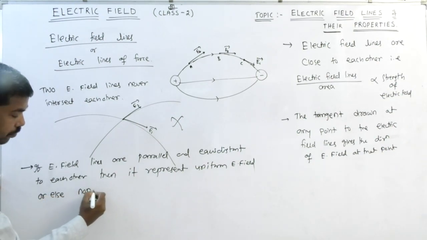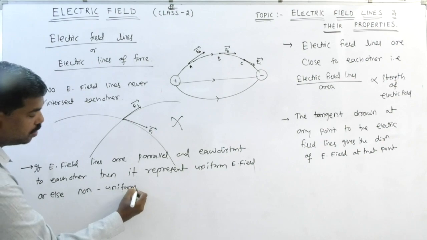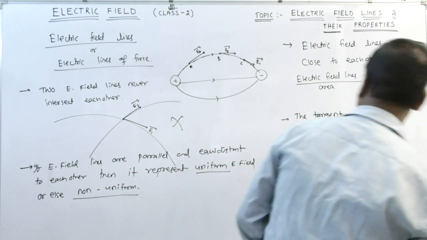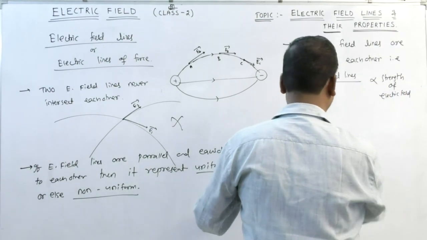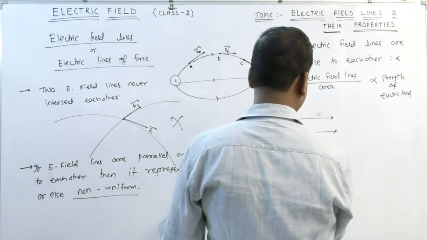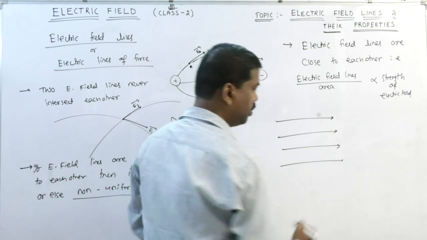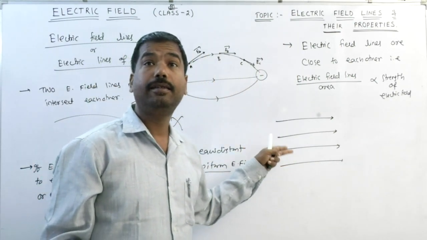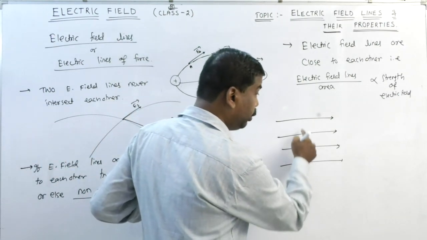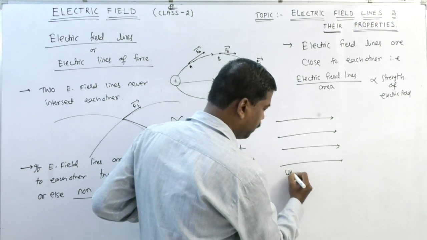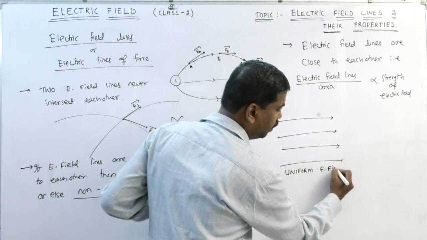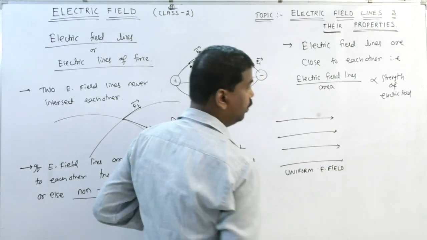Or else it is non-uniform. Just see. These field lines are parallel to each other and equidistant from each other. It represents a uniform electric field.